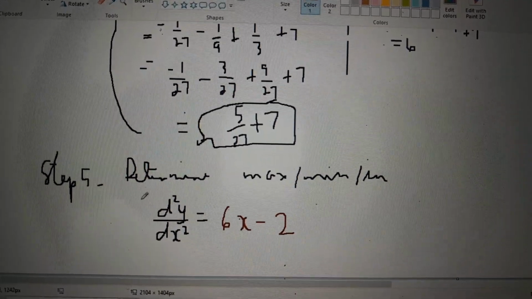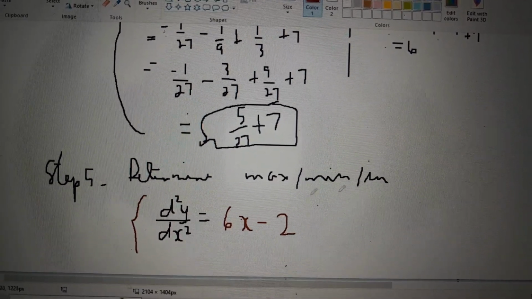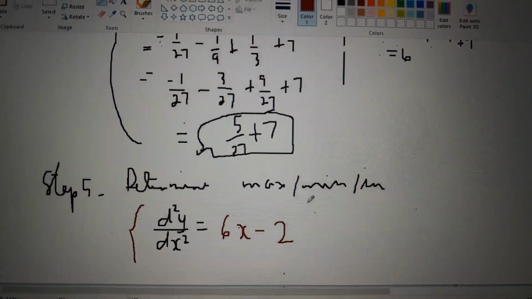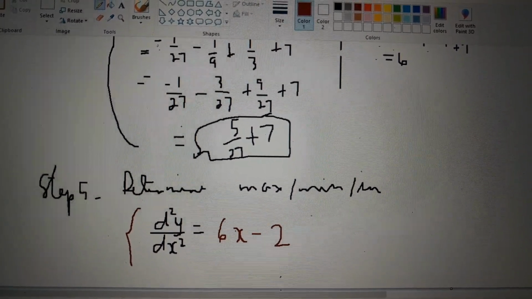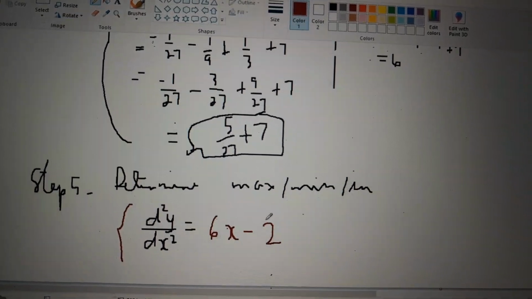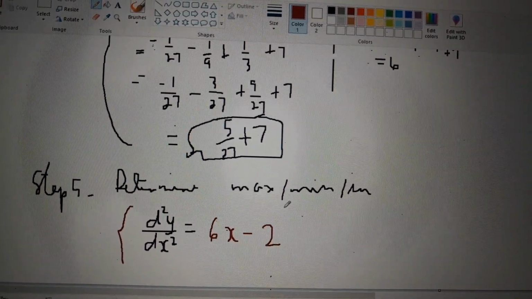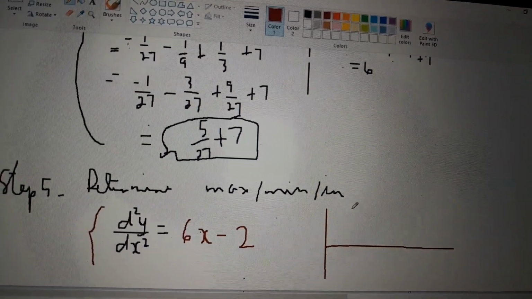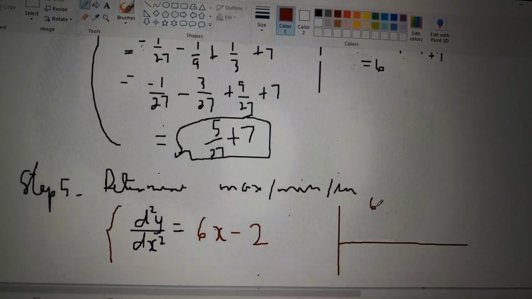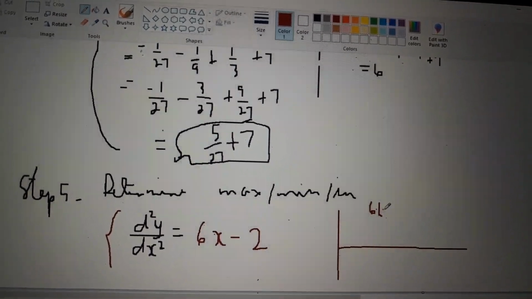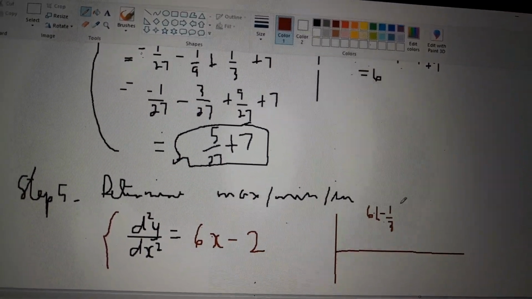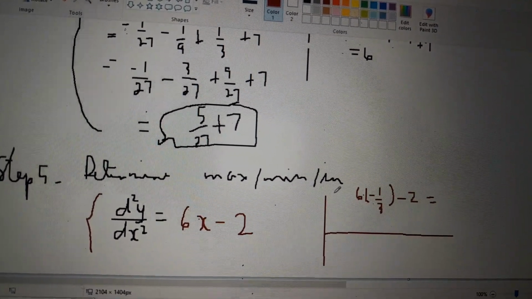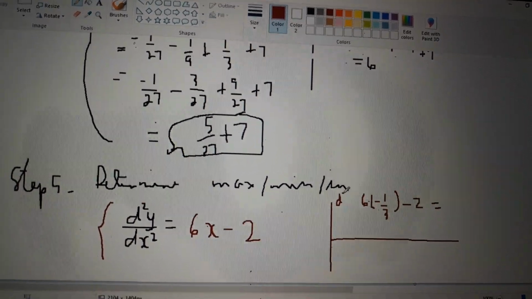Right? So we can use the second derivative to determine whether a point is maximum or minimum, or a point of inflection, right? So all we're going to do now is substitute our x value here. So we have two x values. When 6 times negative 1/3 minus 2, work that out and please let me know what you get.